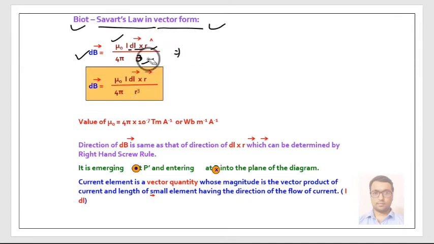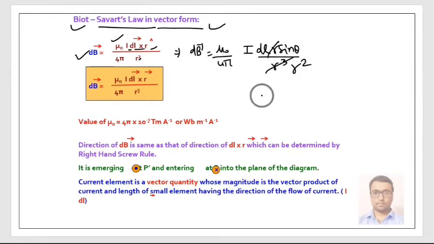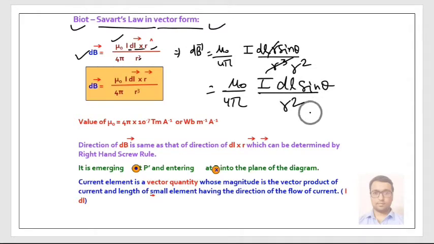If you solve this, you will get dB equals mu naught upon 4 pi, I dl r sine theta, whole upon r cube. Then r to r cube will cancel out r square times, and we will get mu naught upon 4 pi I dl sine theta upon r square.